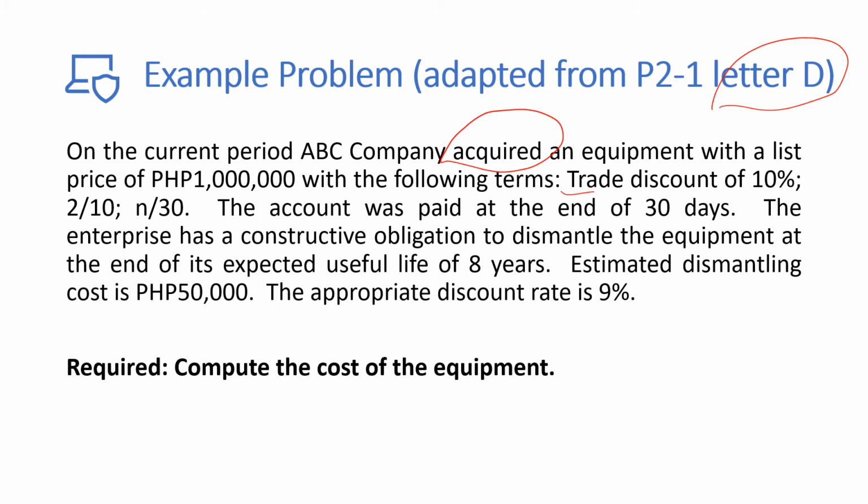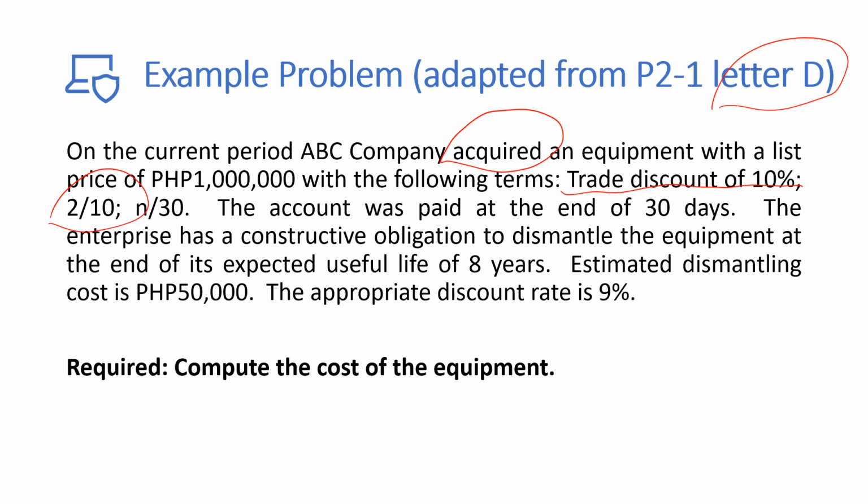So trade discount, so the concept here is the same with inventory. So it should be deducted in advance, 10%. And also, in the example, it is subject to 2% discount rate if you pay within the discount period. So that is 10 days. There is no more in cash discount if you pay within 30 days. So I told you before, taken or not taken, the 2% should be deducted.